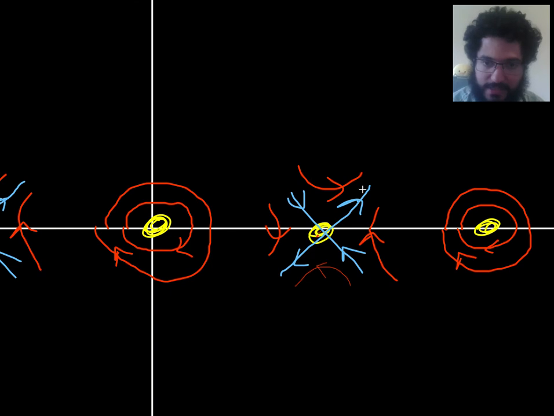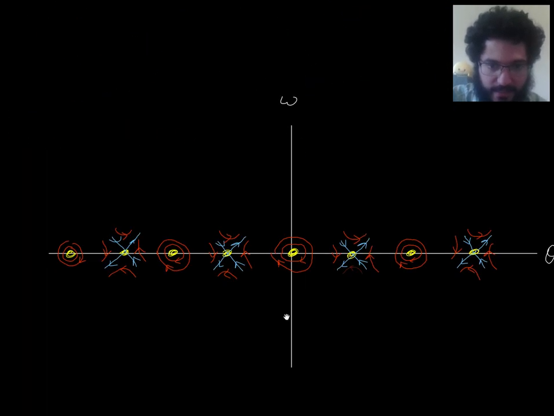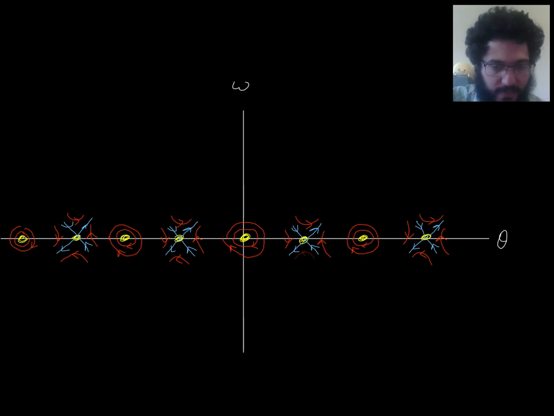So what you will end up seeing is something like going down, down, down. So this corresponds to the angle coming back down, and then coming up, and then going over again, and over again, and over again.